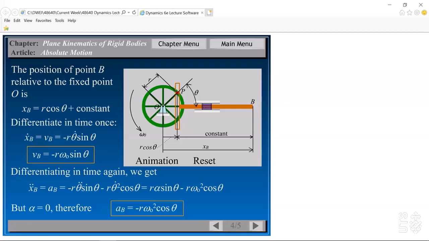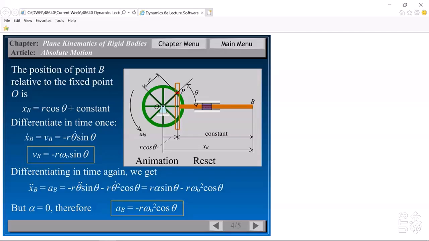We can do time derivatives on both sides of this velocity equation. Then on the left side, we will have dvb dt. This will give us AB, the acceleration of point B. That's actually the acceleration of the rock.